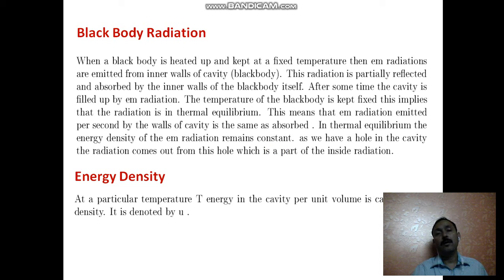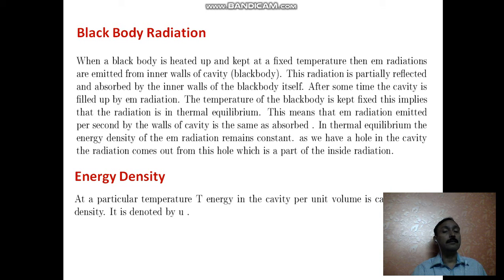The temperature of the black body is kept fixed. This implies that the radiation is in thermal equilibrium. This means that the electromagnetic radiation emitted per second by the walls of the cavity is the same as absorbed. In thermal equilibrium, the energy density of the electromagnetic radiation remains constant. As we have a hole in the cavity, the radiation comes out from this hole, which is a part of the inside radiation.